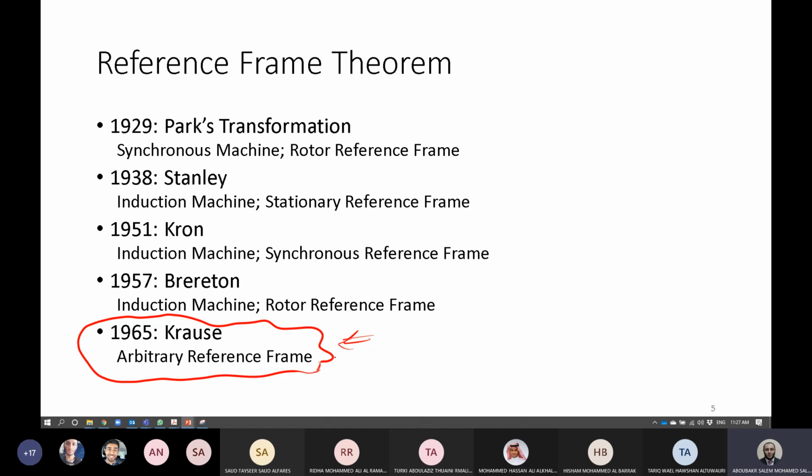After that time, the theory of power, of machines, of power electronics, all of the electrical power theories are based on the Krause arbitrary reference frame, because his model can be used in any other frame, in a very simple way. And we will discuss it, inshallah, today.